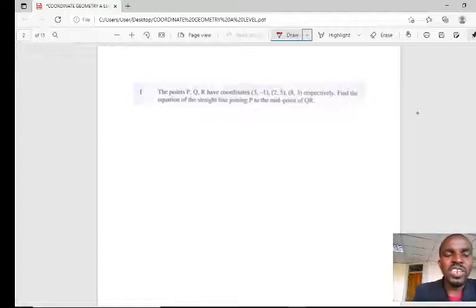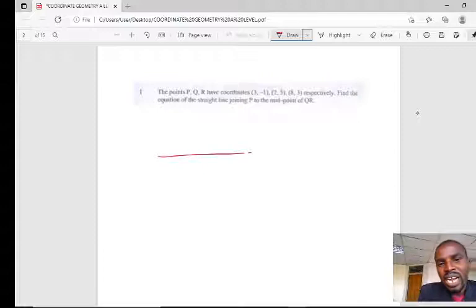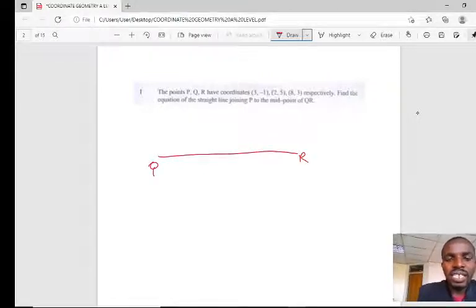Then we want the equation of a straight line joining P to the midpoint of QR. So to be able to answer this question, sometimes you have to learn to sketch. Like here, I can put my line QR. Then I can put the line from the point P here. So the coordinate of P is what? (3, -1).